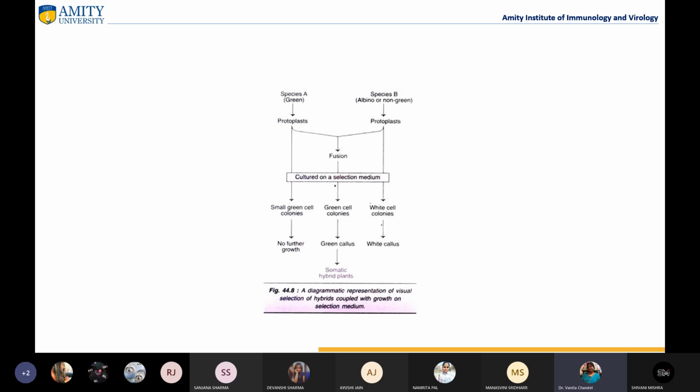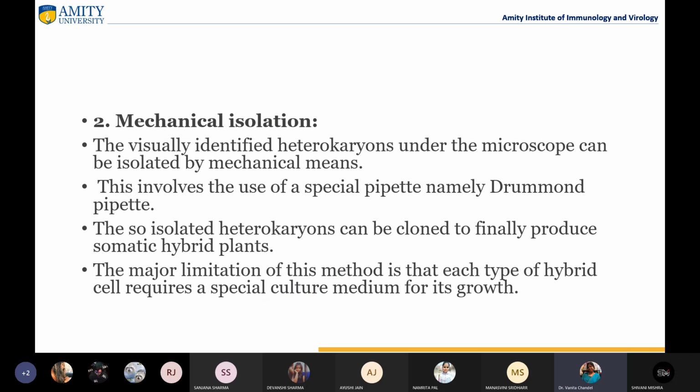And in the other case white cell colonies will form because it is non-green or albino, and there will be white callus. So we don't need white callus also because we are interested in both the characteristics. So the center one, which has green colored colonies and green callus, will go for that, right? So this can be done again by the visual selection.